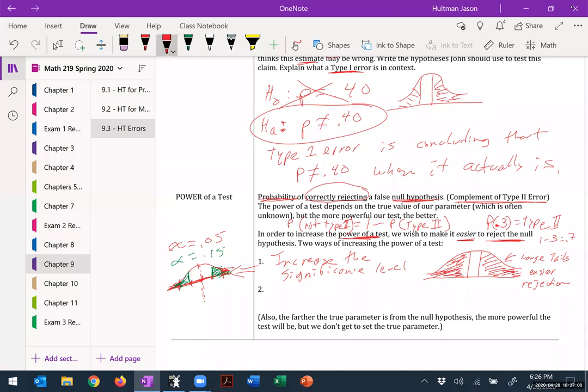Let's compare one that's really wide to one that's really narrow.